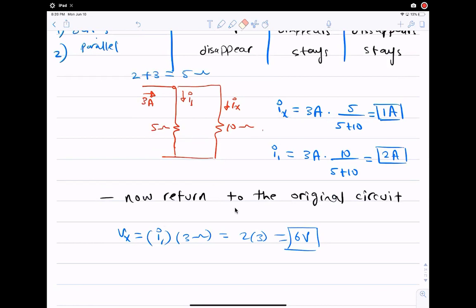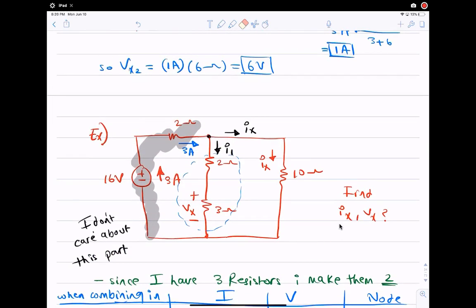So now we return to the original circuit. Vx equals I1 times 3, which is 2 times 3, 6 volt. And here we go, we found Ix and Vx. So just to conclude and review the question: always when I look at any circuit, since he asked for Ix and Vx, I would try to make either two resistors in parallel or in series.